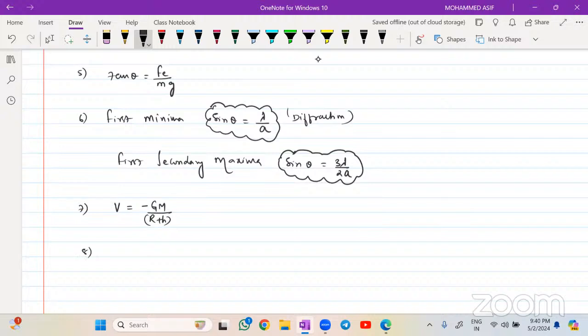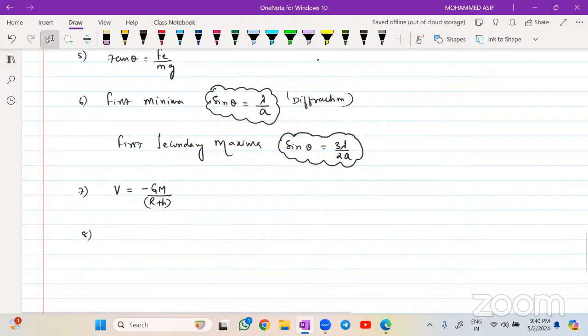Next one. You need to remember the formulas related to closed organ pipe and open organ pipe. First minimum resonating length for closed organ pipe. Tell me what will be the answer.